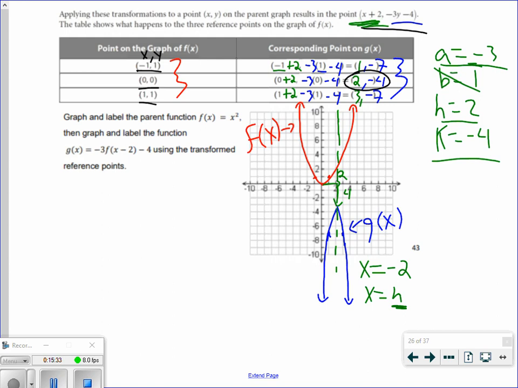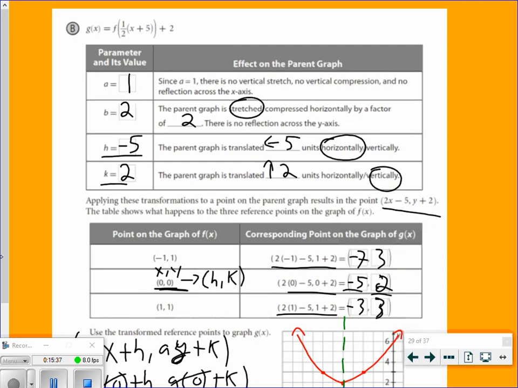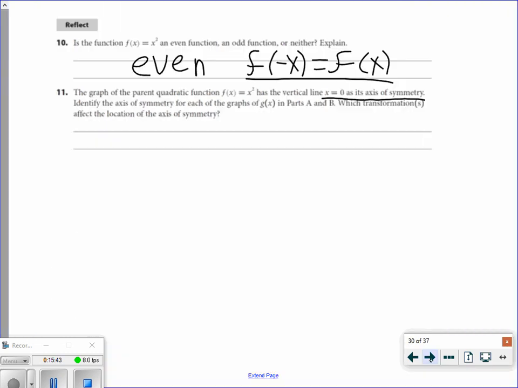All right? And same thing here in this one right here on B. That line happens at x equals h, because our h is -5. Our h is going to be the x value of the vertex. So in this case, it's always going to be x equals h. And that's because the h term is always going to be the x value of your vertex.